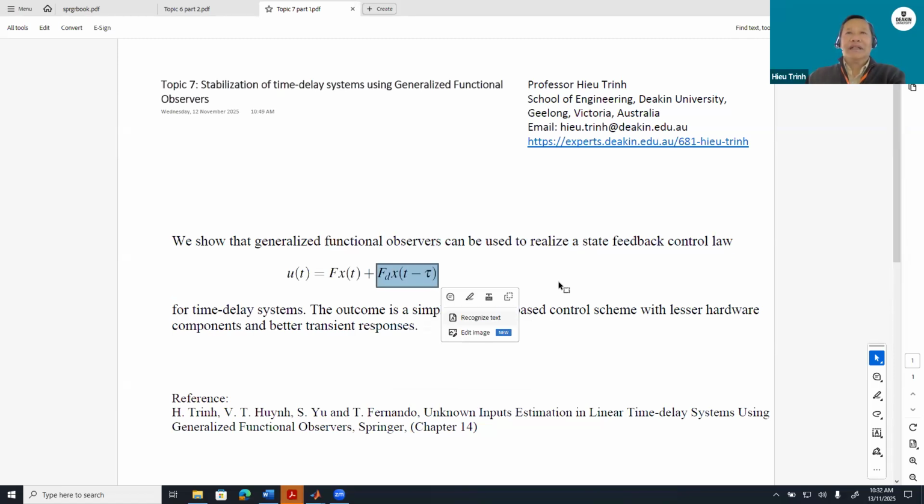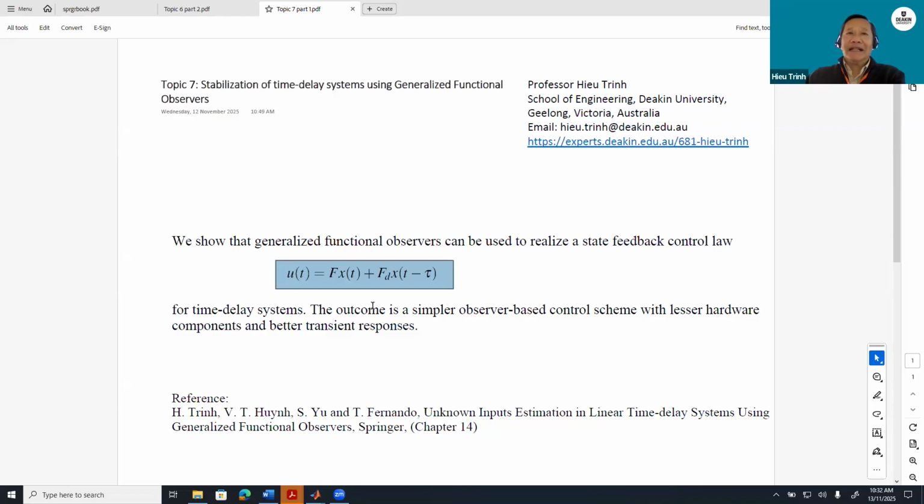We will show that to realize this feedback control law, we can design a generalized functional observer to directly realize this control law.